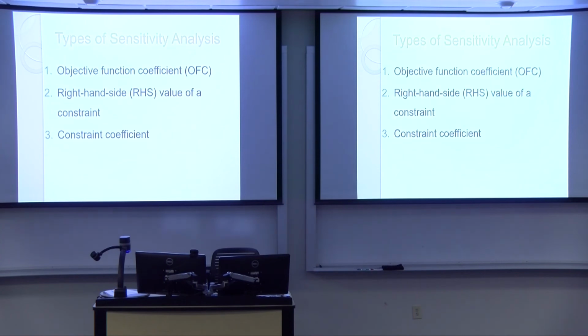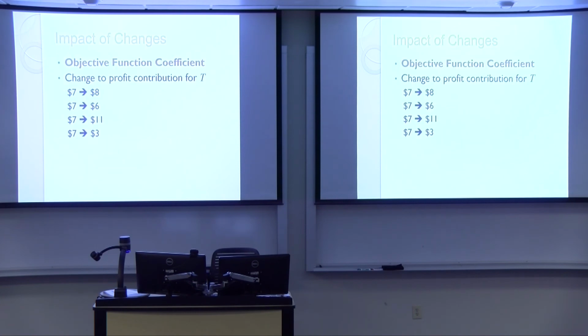But now we want to say, okay, when my objective function coefficient changes, or the right-hand side value of a constraint changes, what will happen? We will only look at these 2 cases. Here, the objective function coefficient is the profit margin on the table or on the chair.